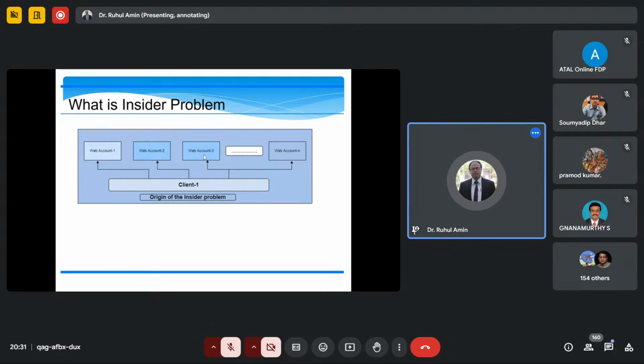But what is the problem? The problem is remembering. You cannot remember 10-15 passwords every day, so you will forget them. To solve this, human mentality is that for every account we use a high entropy password, and as per my understanding, for every account it will be the same password.